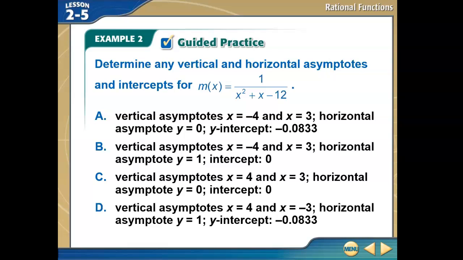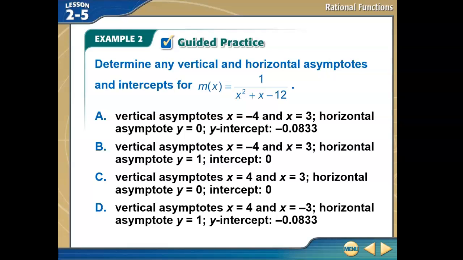Horizontal asymptote at y equals 0, that's perfect. And then y-intercept at negative 0.0833. If you plug 1 divided by 12 into your calculator, you'll get 0.0833. So answer A looks good right now.